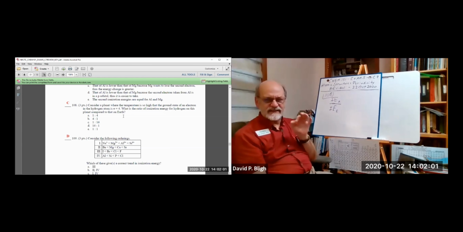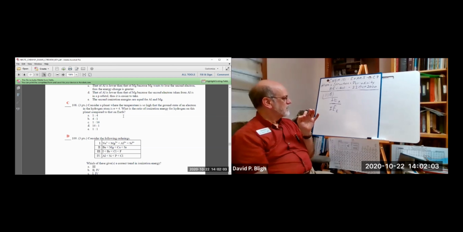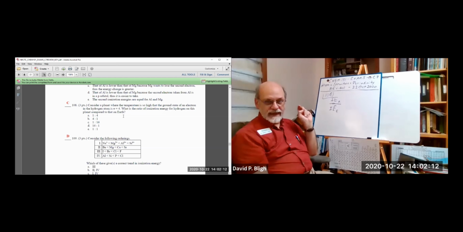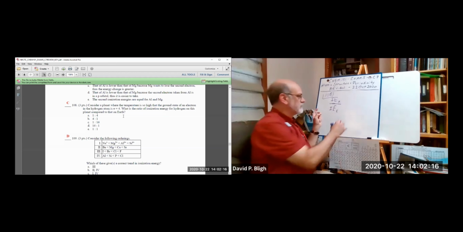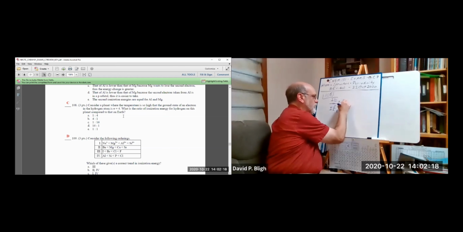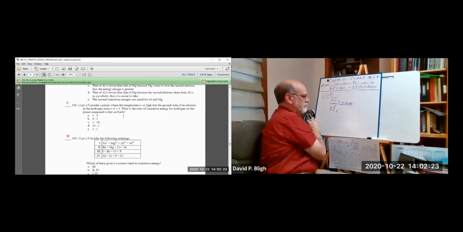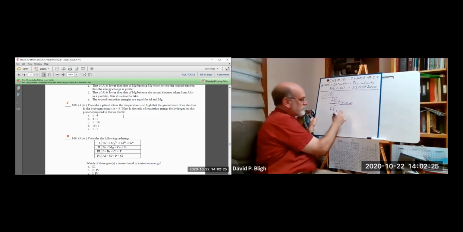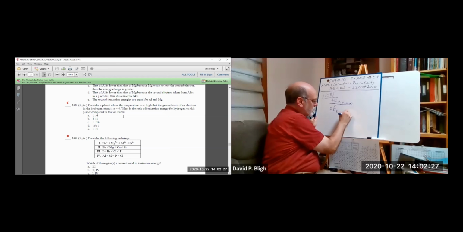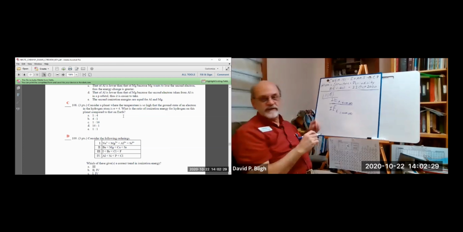So what do we mean by ionization energy? Well, the ionization energy for the exoplanet is going to have to promote an n equals 4 electron to infinity. So it's going to go from 4 to infinity. Whereas on Earth, it's got to go from 1 to infinity.